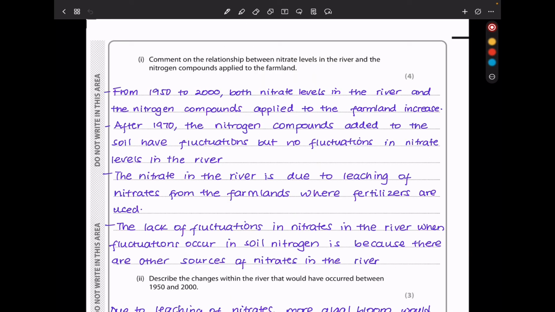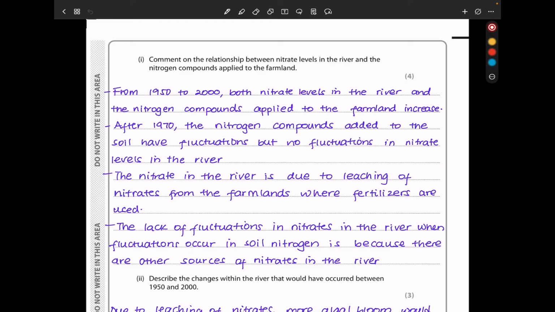Next, I say, comment on the relationship between nitrate levels in the river and the nitrogen compounds applied to farmland. Here I'm just going to describe the data. So I said from 1950 to 2000, both nitrate levels in the river and the nitrogen compounds applied to the farmlands increased.